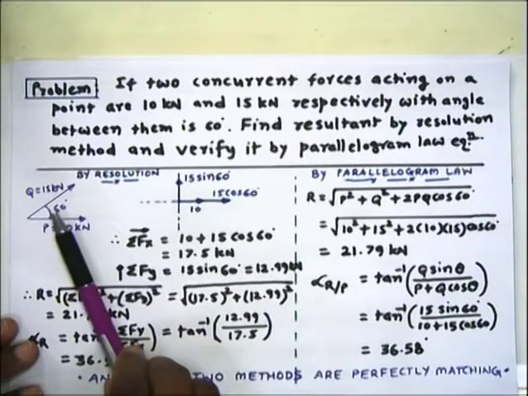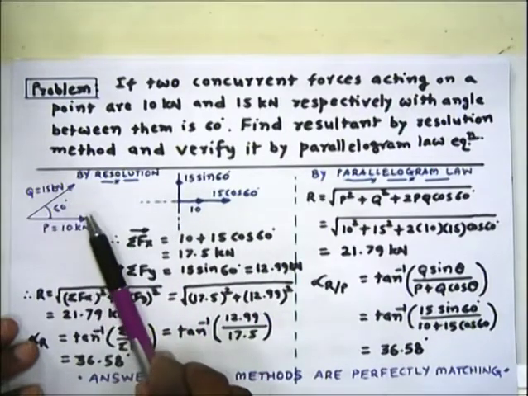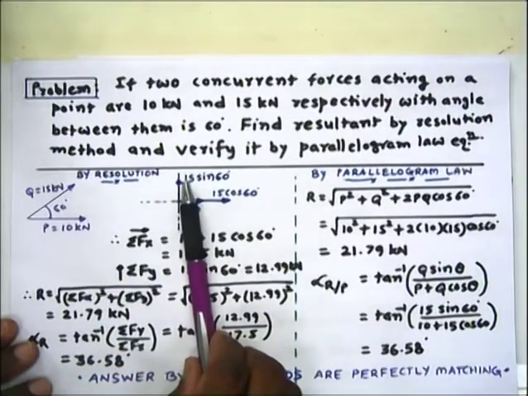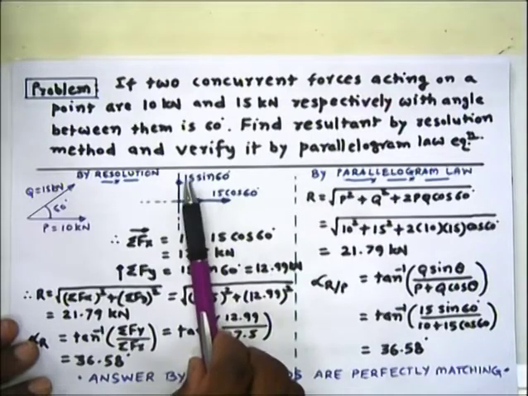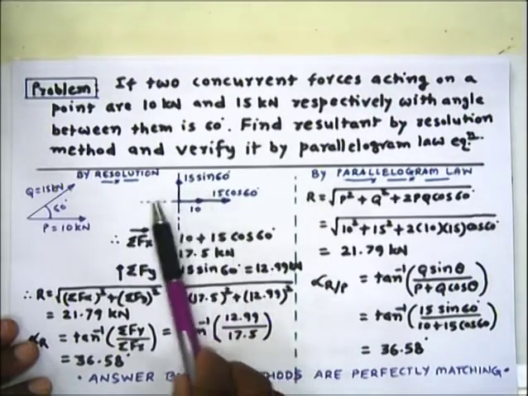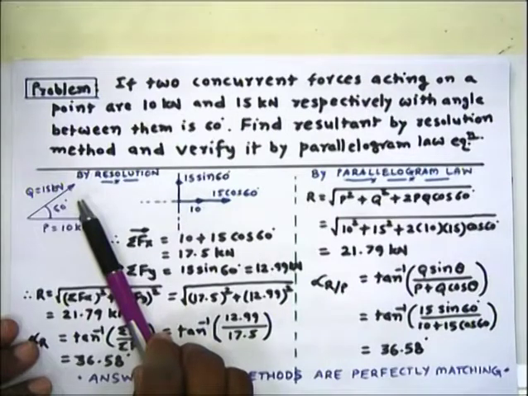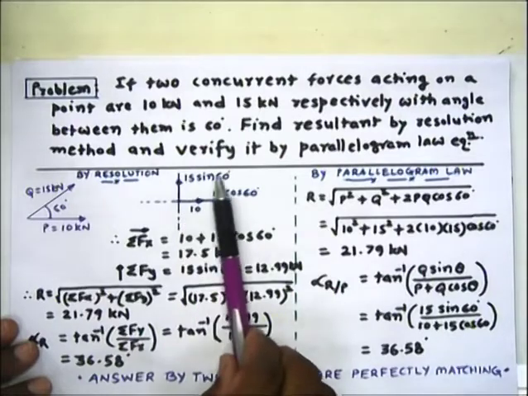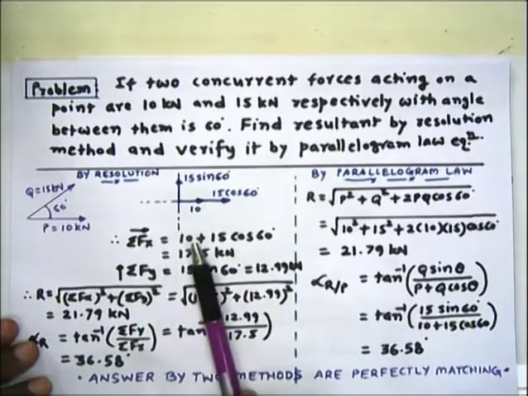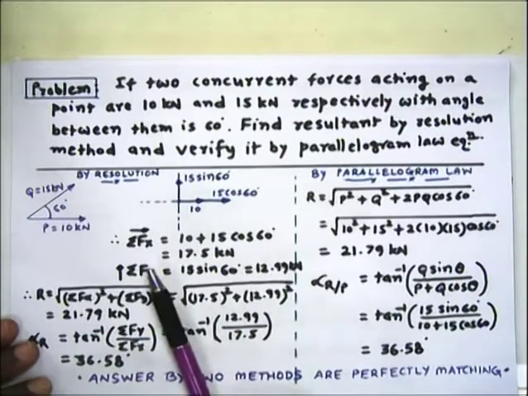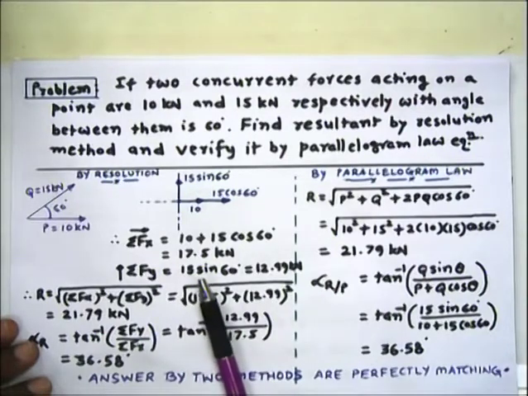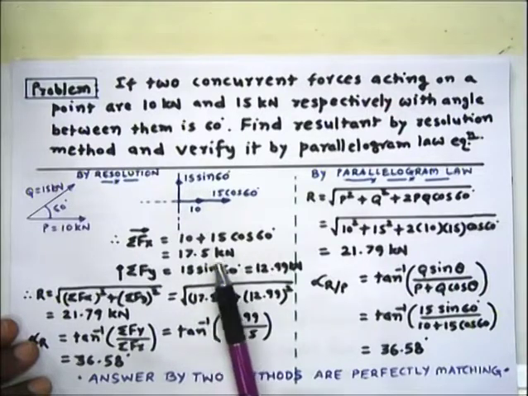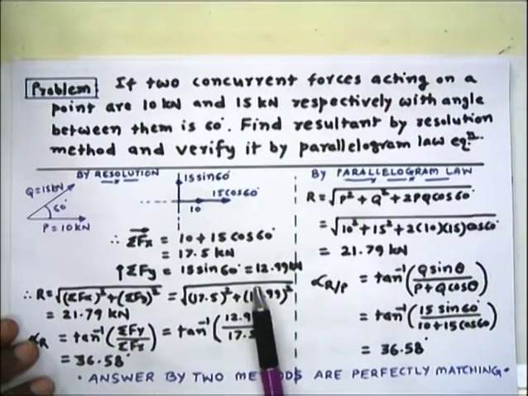So by resolution, P remains as it is, Q is inclined, so its components along X and Y are written here. So for the 15 kN force at angle 60, 15 cos 60 along X, and along Y 15 sin 60. Then sigma X is 10 plus 15 cos 60, sigma Y is 15 sin 60, which will give sigma X 17.5 and sigma Y as 12.99 kN.